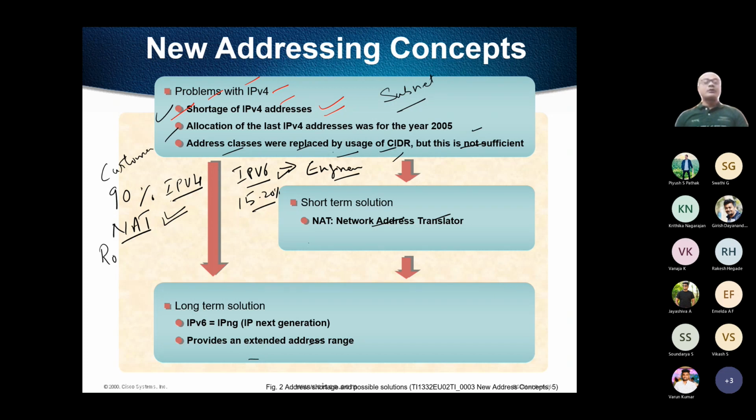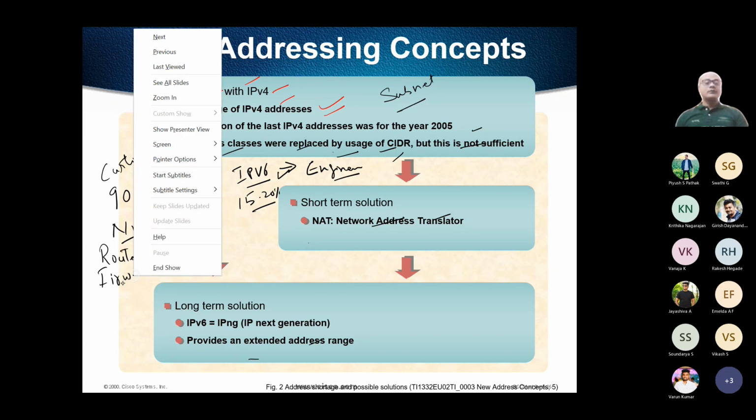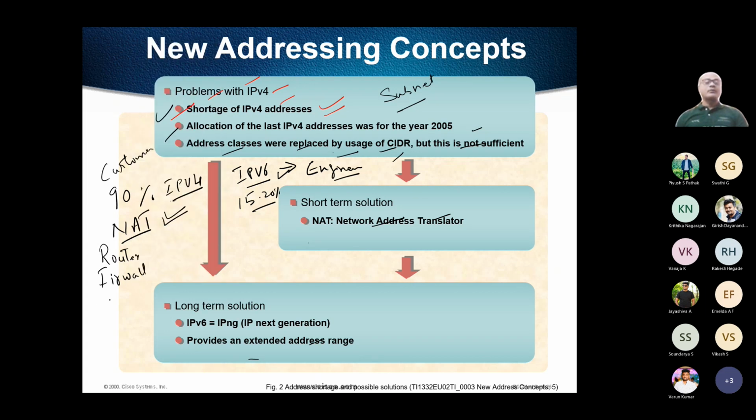We can configure it on your router, on your firewall, and on your layer 3 switches, depending upon how you design your network architecture. There you must configure NAT so that all your network can communicate to the internet, that is, your ISP.